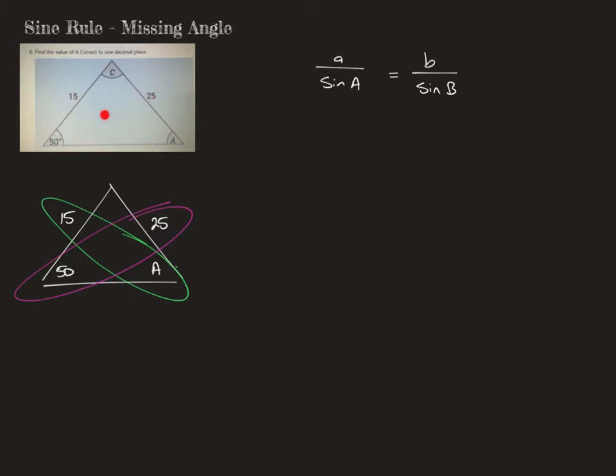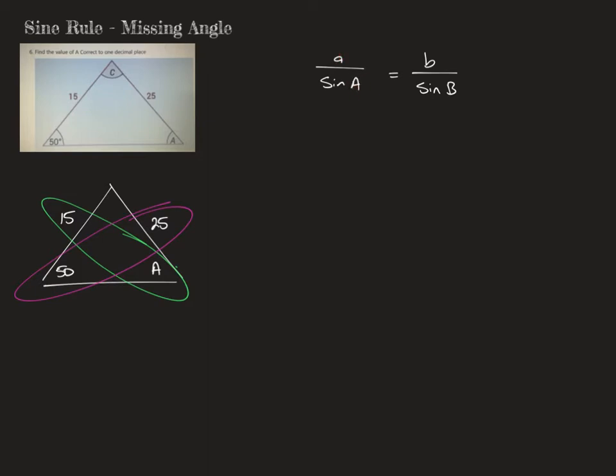So say I went with these two. I've got a side over sine of the angle is equal to b, which is a side over sine of the angle. It's just important that we're putting them in right. So the capital A always represents the angle, the lowercase always represents the side.